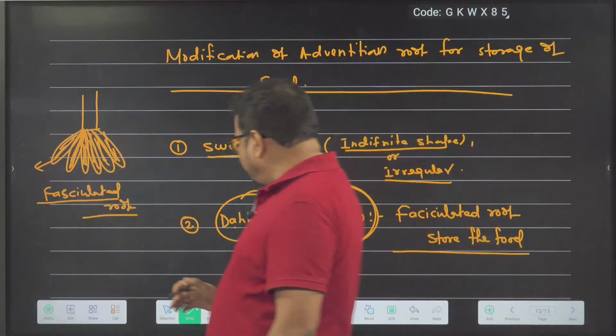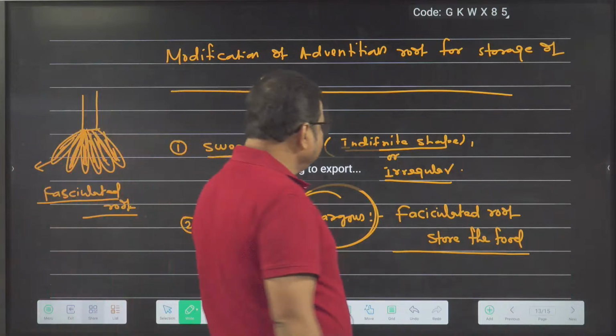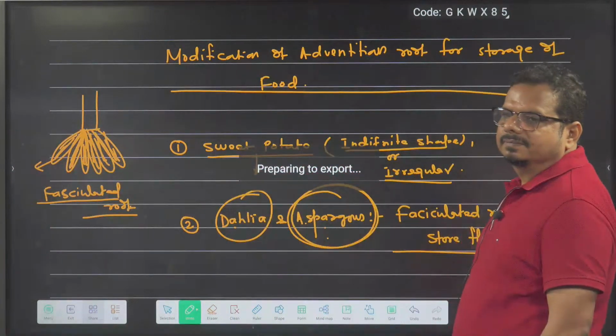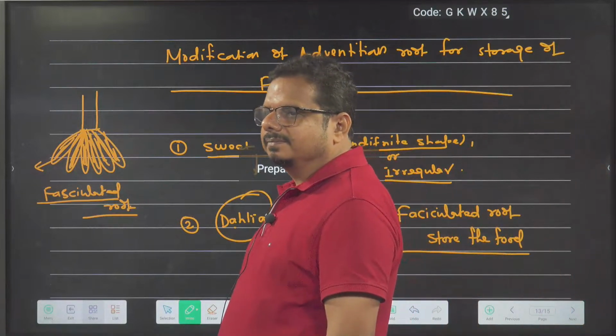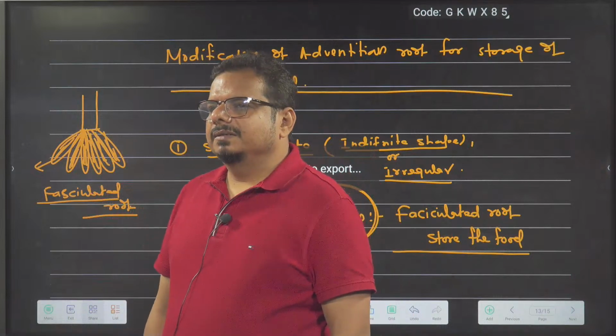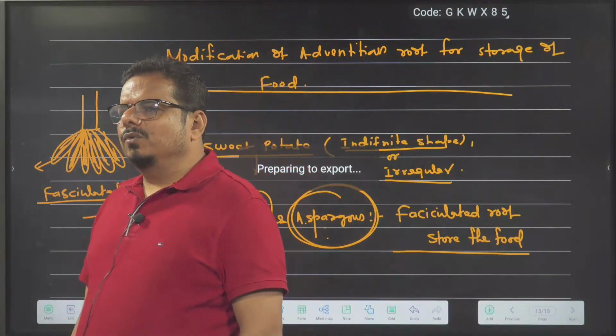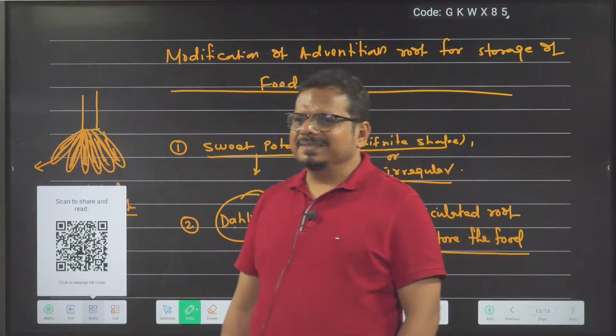If you wish, I am providing the QR code. So root is tuberous and fasciculated in sweet potato, right?